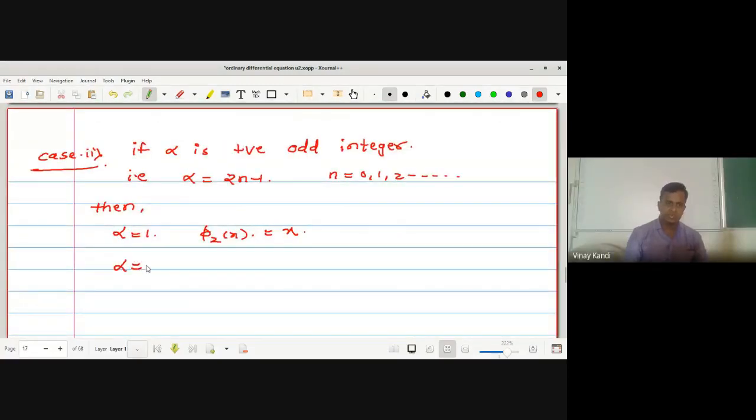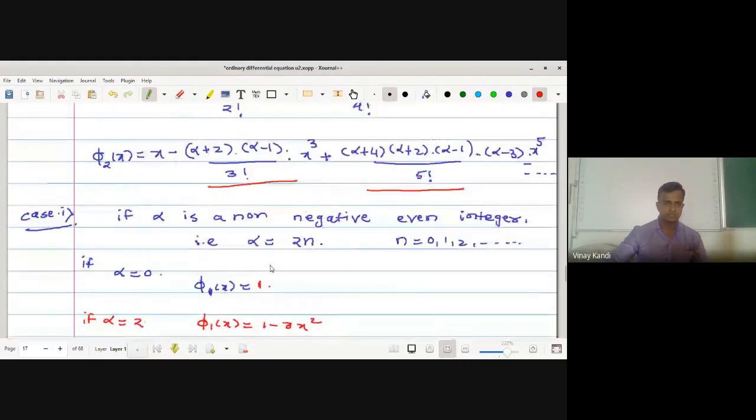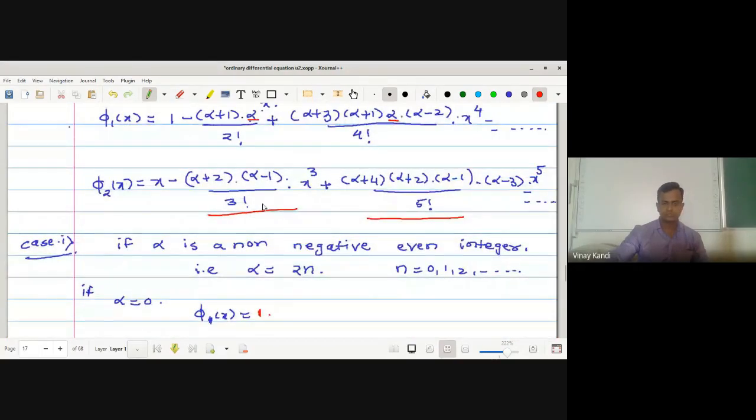If alpha is equal to 3, then what is phi 2 of x? Look at here. Alpha is equal to 3, then we get x as it is.